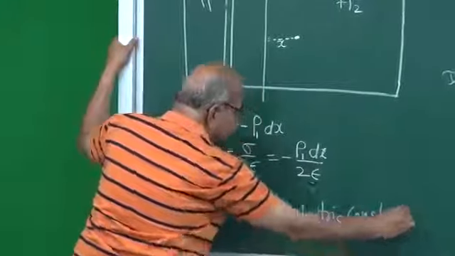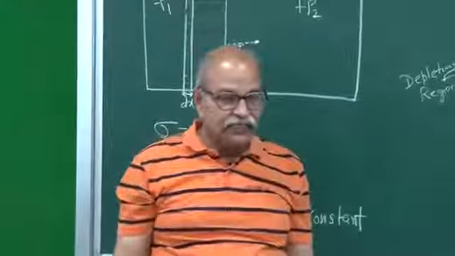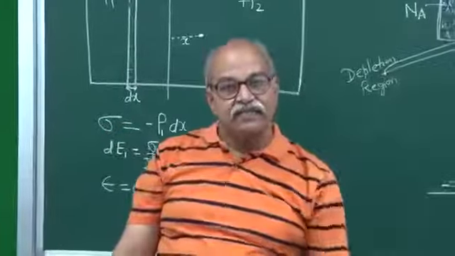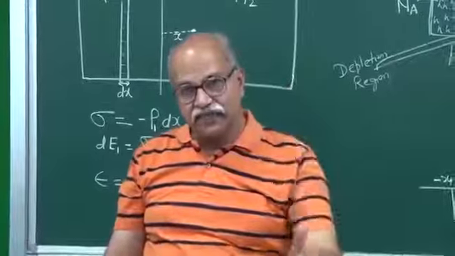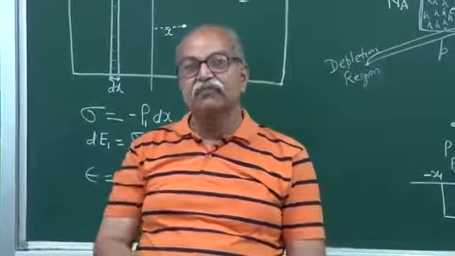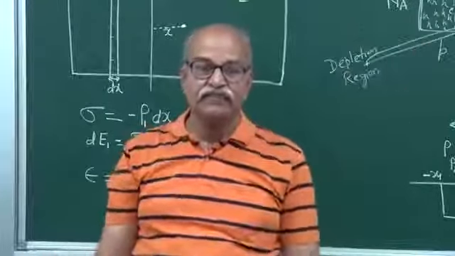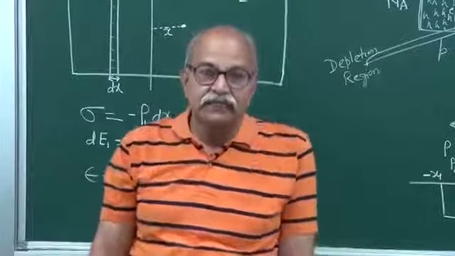In free space, in vacuum, or in air, if you have a surface charge layer of surface charge density sigma, the electric field in front of it is sigma over 2 epsilon naught. Since this whole thing is in silicon, not in free space, we put the dielectric constant also, and it becomes sigma over 2 epsilon.